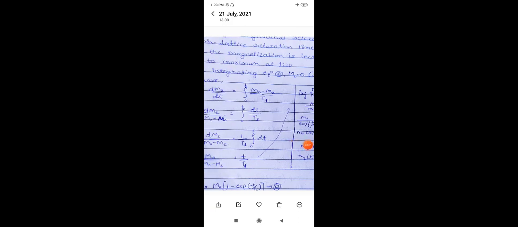So mz of t is equal to m naught minus m naught into exponential of minus t divided by t1. Both terms consist of m naught, so m naught is taken outside the bracket, and the remaining is 1 minus exponential of minus t divided by t1. So the magnetization along the z coordinate can be written as mz of t, which is equal to m naught into 1 minus exponential of minus t divided by t1.